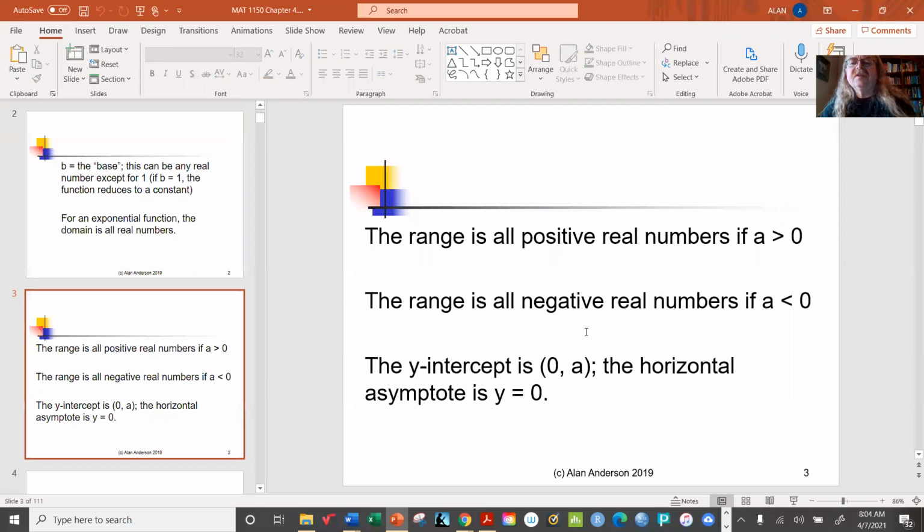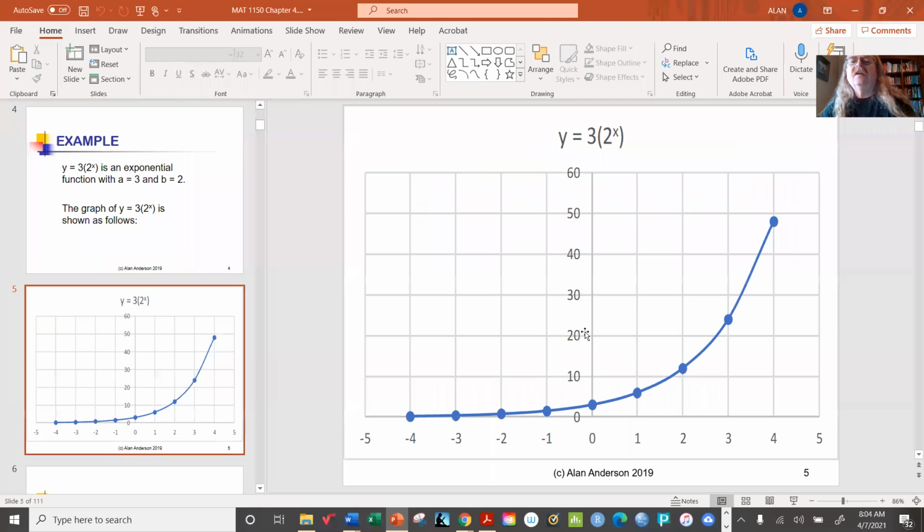We saw a few examples of this. There's one: y equals 3 times 2 to the x power. And of course, you can see that because a is positive, y can only be positive. So while the domain is all the real numbers across the real number line, x can be anything, y in this case can never be negative.